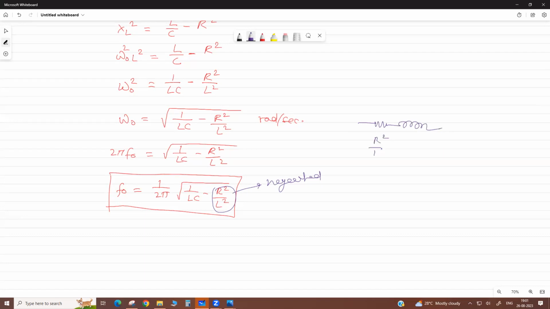R square by L square is very low. Therefore, we neglect this. It is a negligible value. So what we finally get, if it is neglected, is f naught equals 1 by 2 pi under root LC. This much of hertz.